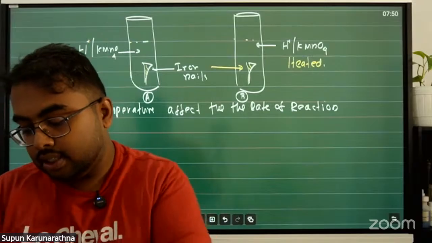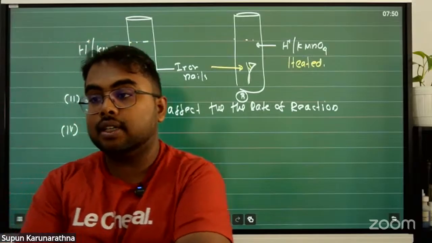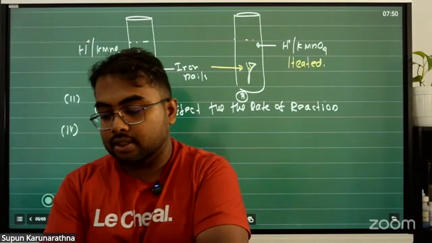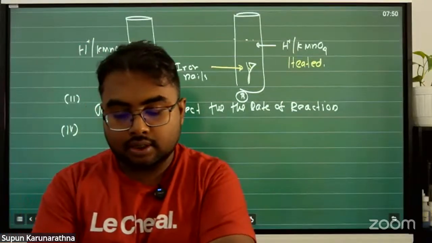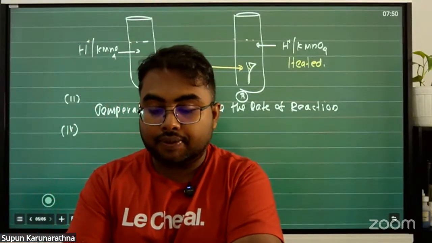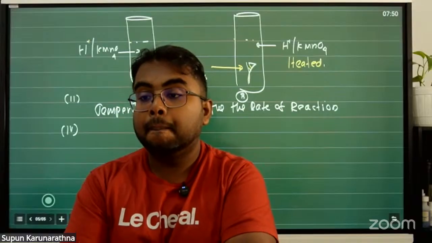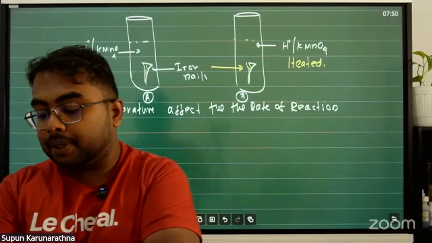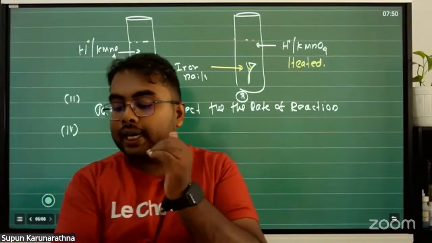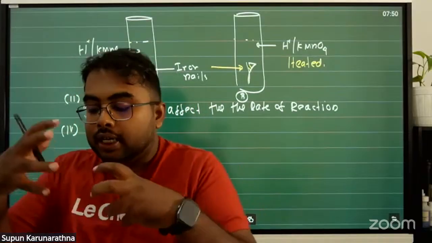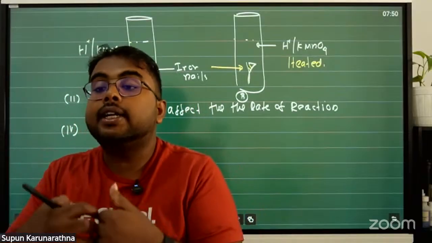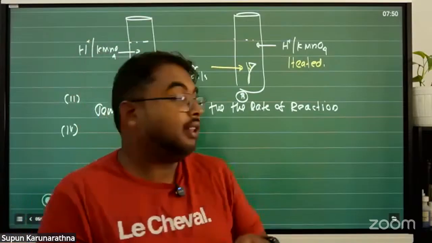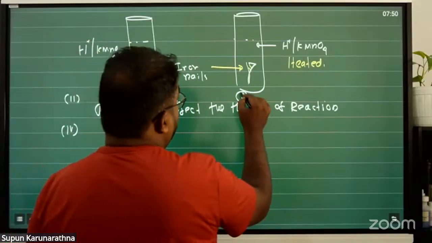Yes, temperature is a factor that increases the rate of a chemical reaction. So how does temperature affect it? When it is at a higher temperature, the kinetic energy of the reacting particles is greater.